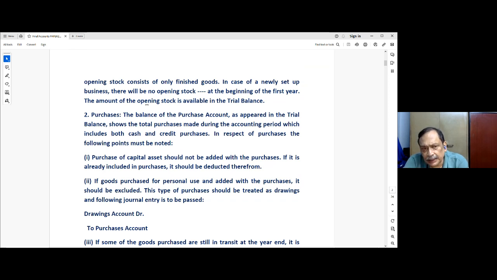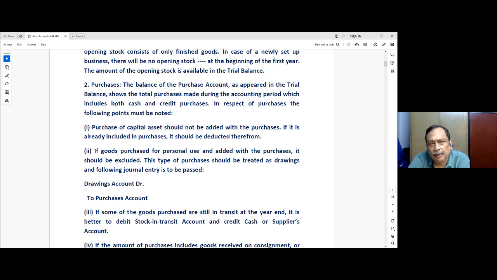In respect of purchases, there are certain important points which are to be taken into consideration. Number one, purchase of a capital asset is expenditure incurred once in the form of capital expenditure. So, purchase of a capital asset should not be added with the purchases. If it is already included in purchases, then it should be deducted therefrom.